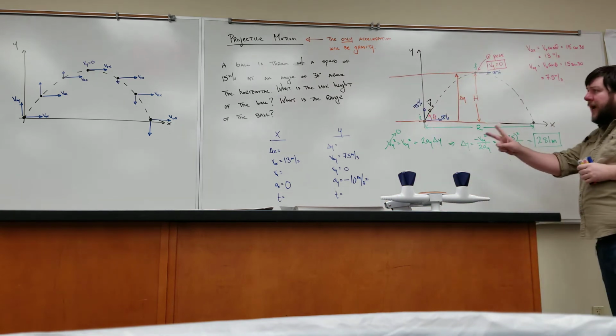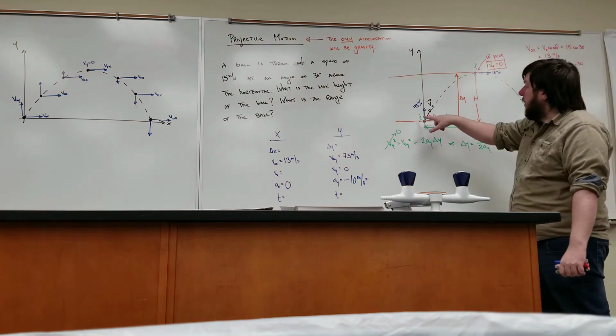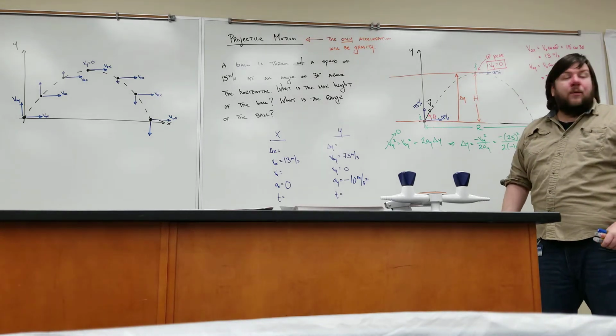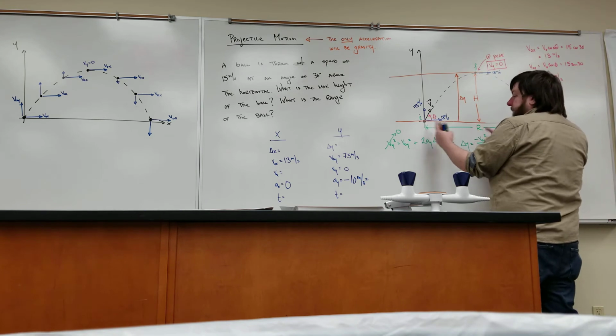There are two ways now to approach part B. We could continue solving this problem for the initial and final points that we've chosen, but that would only tell us the range from here to here.